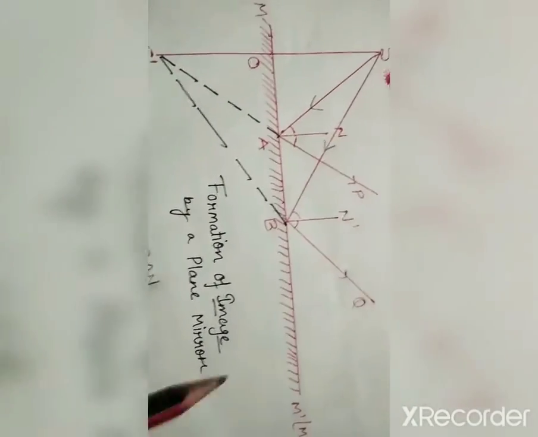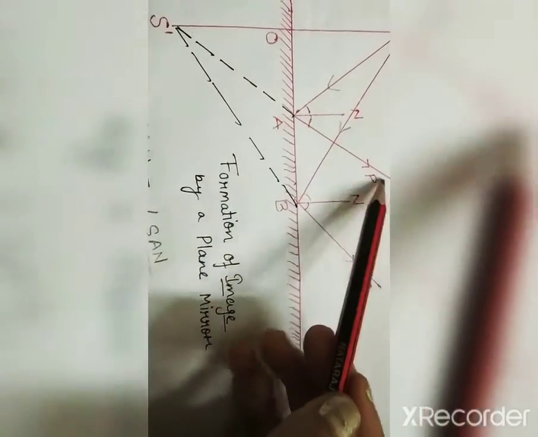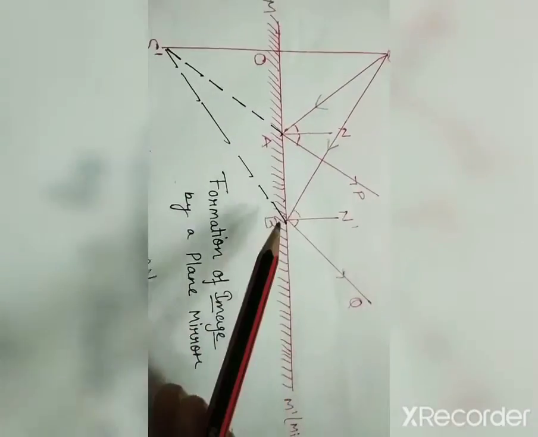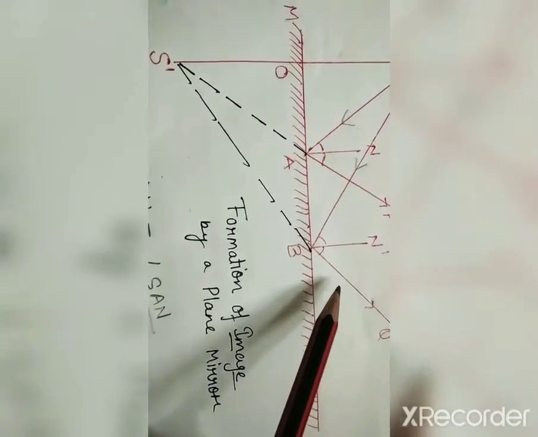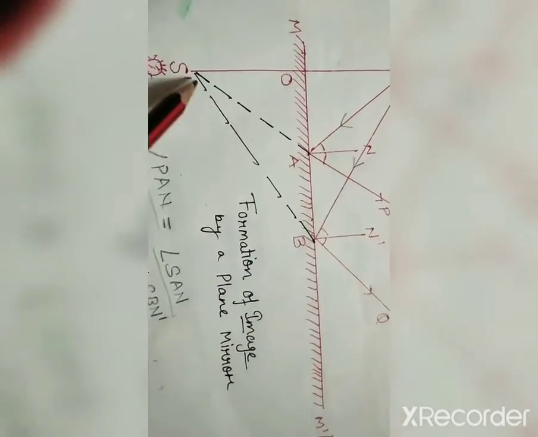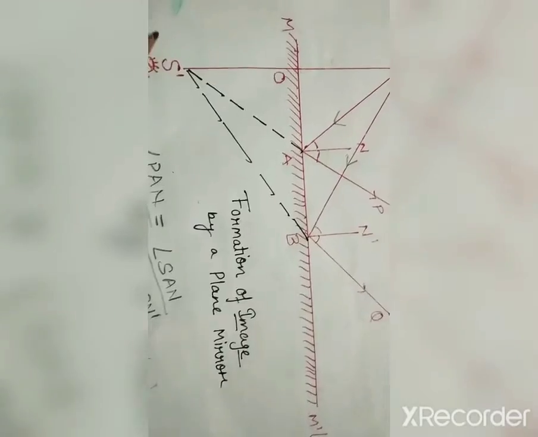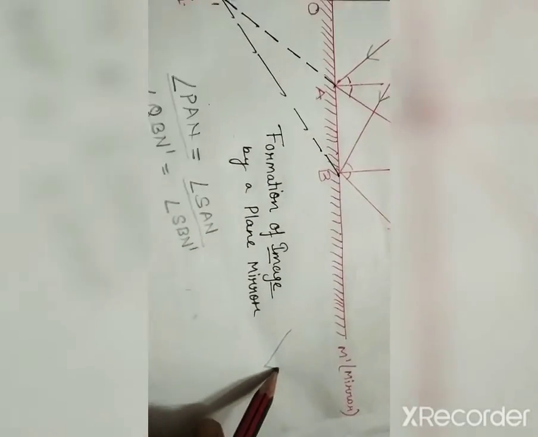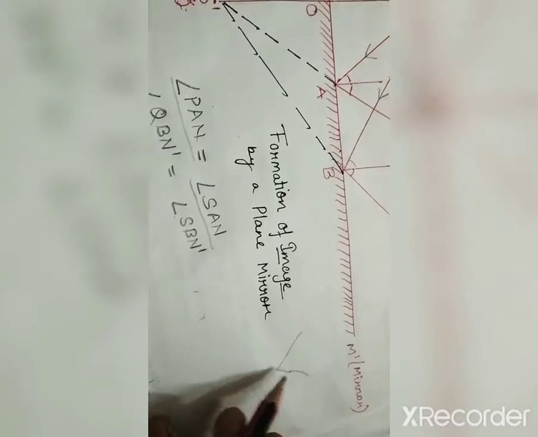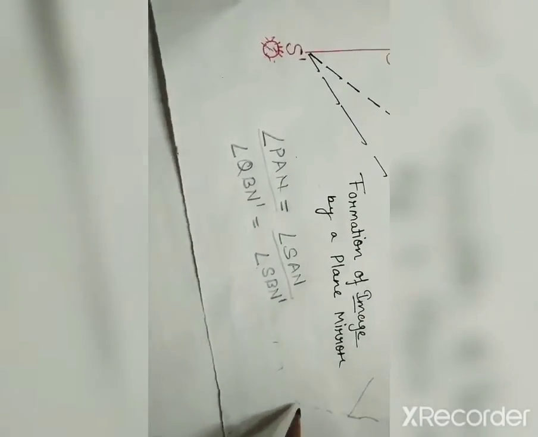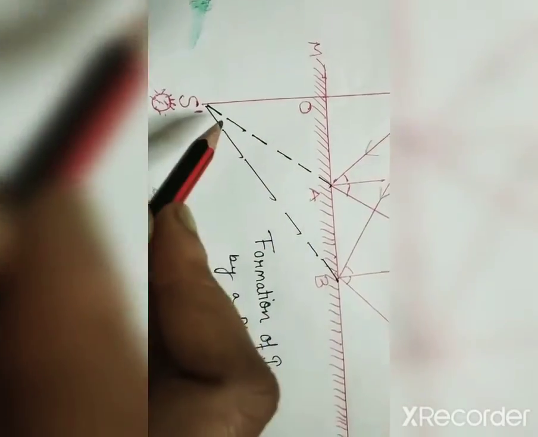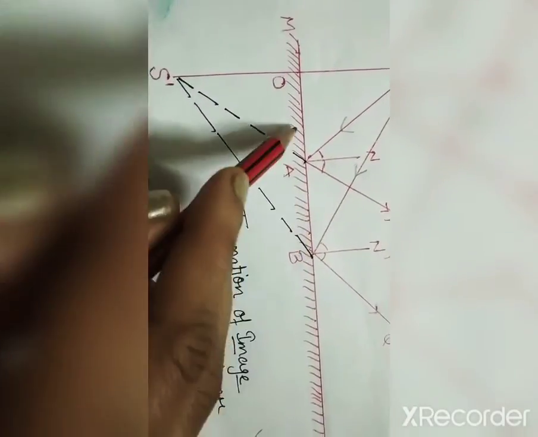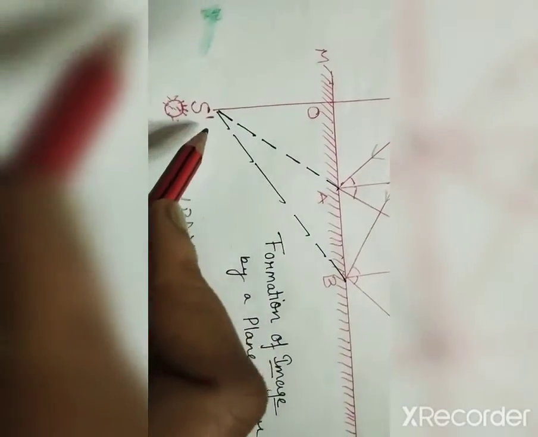Okay, now the two reflected rays AP and BQ, when we produce them backward, if we imagine that they are coming backward like this, then at a point we find out that they meet up. The place where both rays meet up is S dash.